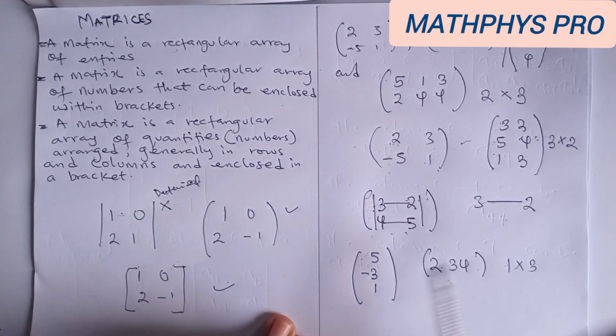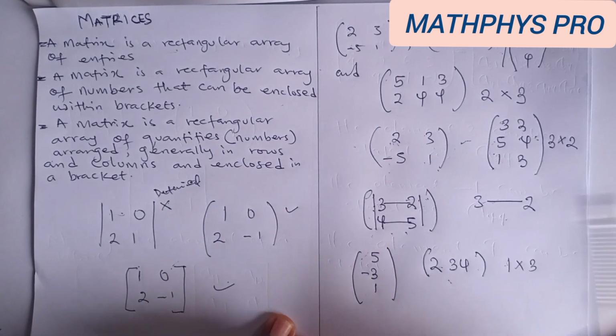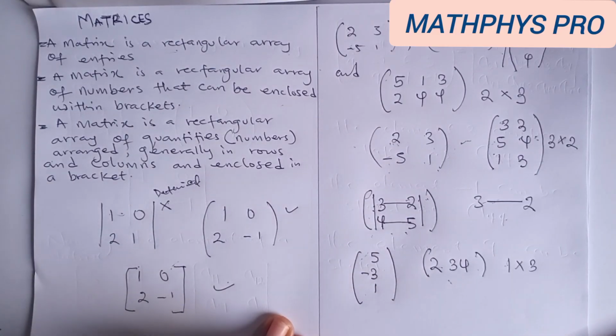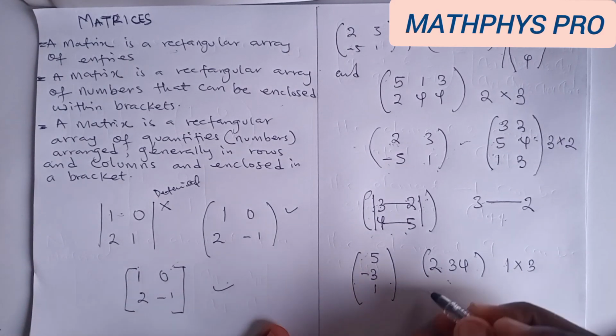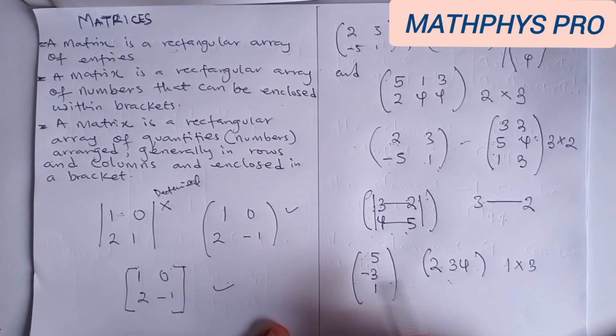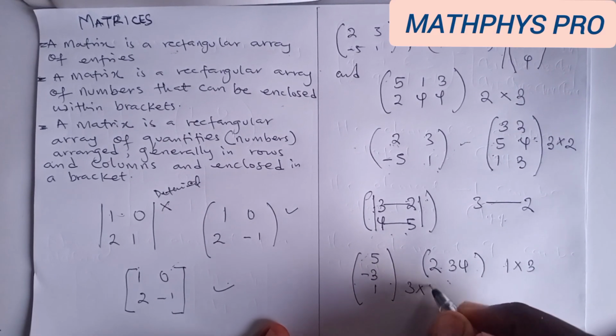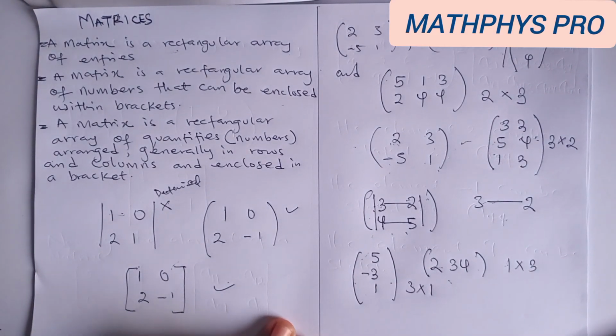So don't forget, a matrix with only 1 row of elements is called a row matrix, and a matrix with only 1 column of elements is called a column matrix. So what order is this? It has 3 rows, so you call it a 3 by 1 order.